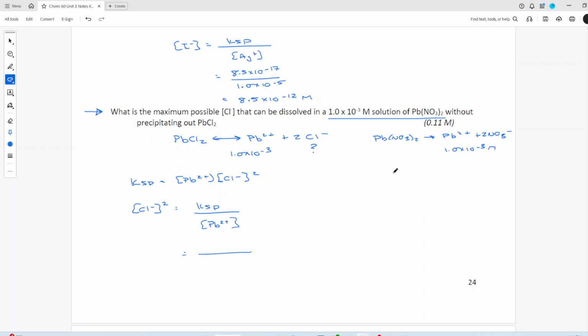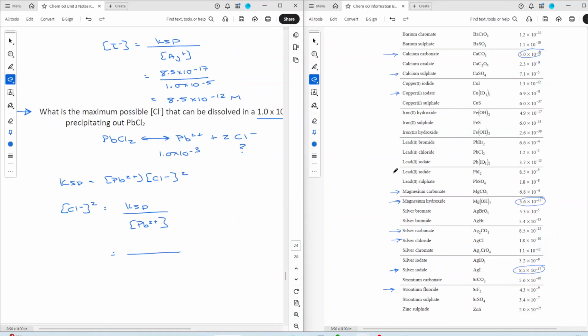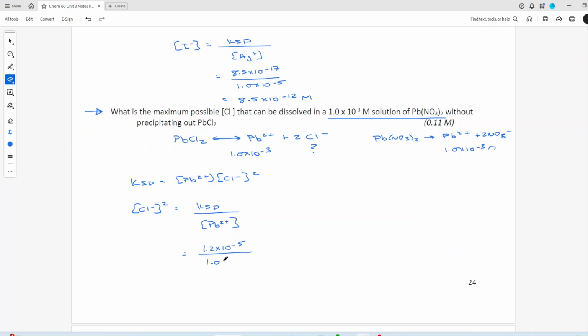So I'm going to look up the KSP. Lead chloride, again, a new one, is 1.2 times 10 to the negative 5. And the concentration of lead, we said, was 1.0 times 10 to the negative 3. Then the maximum ion concentration of chloride would be the square root of what answer I get here, right?